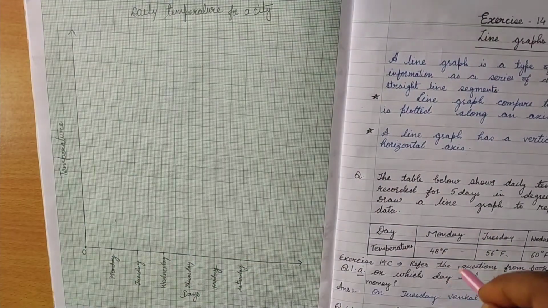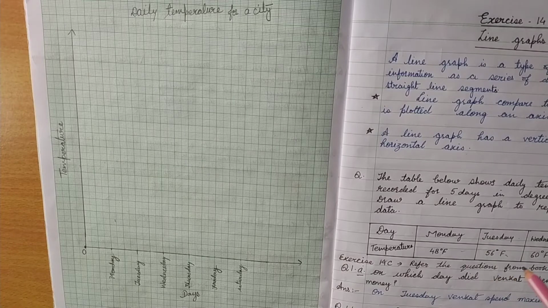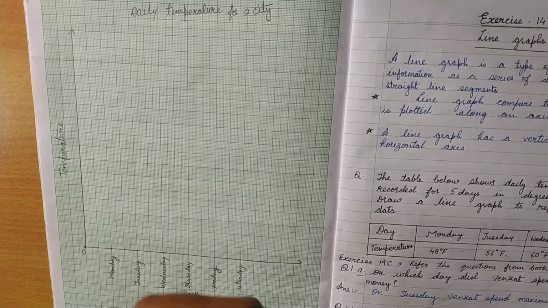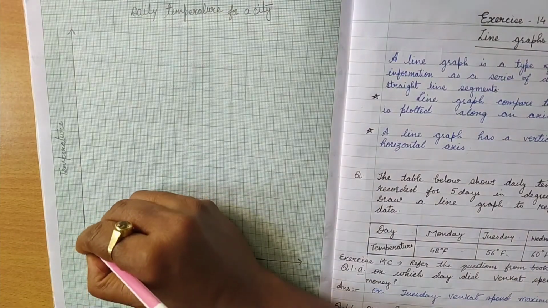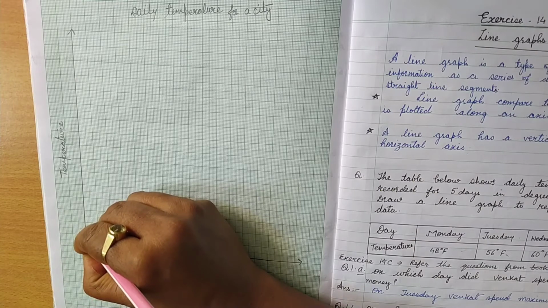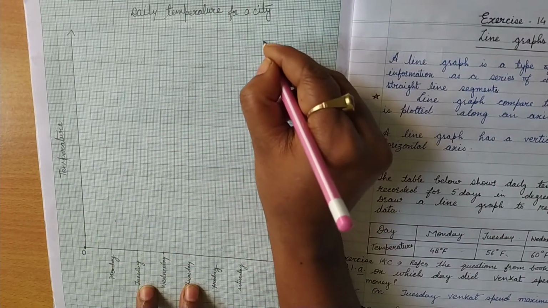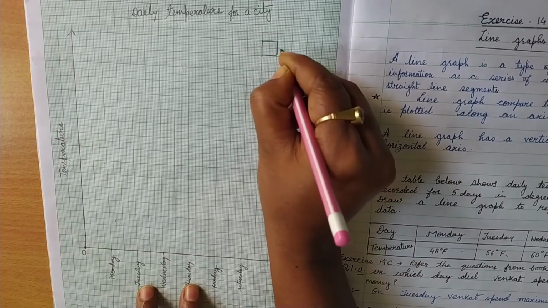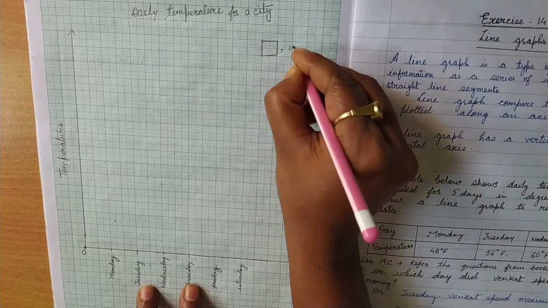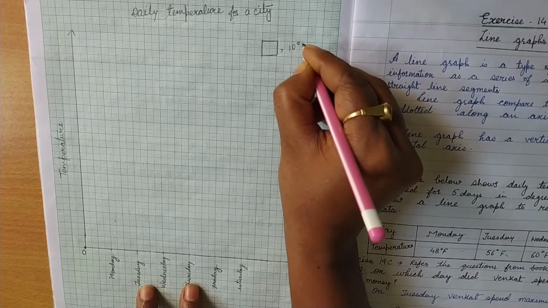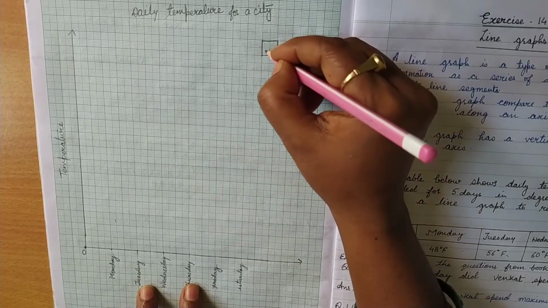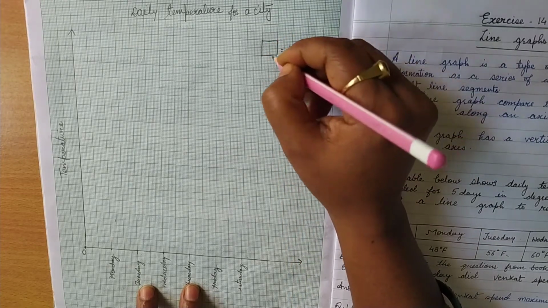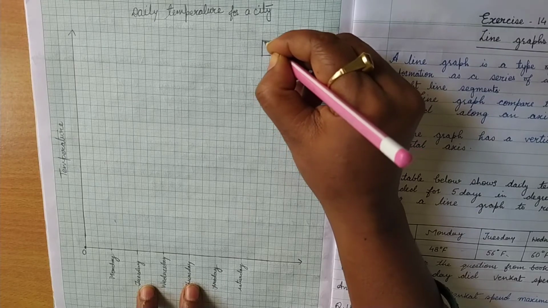Now the temperatures are varying like 48, 56, 60, 65. So I will take one block equal to 10 degrees. Make the scale here: 1 square is equal to 10 degrees. It means the small square is 1 degree.